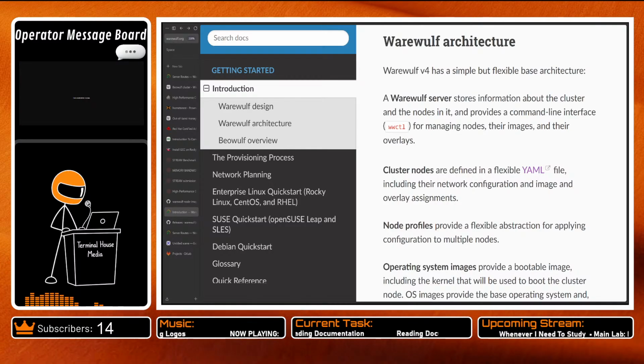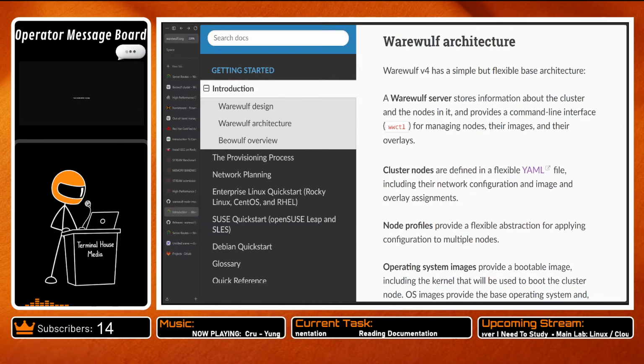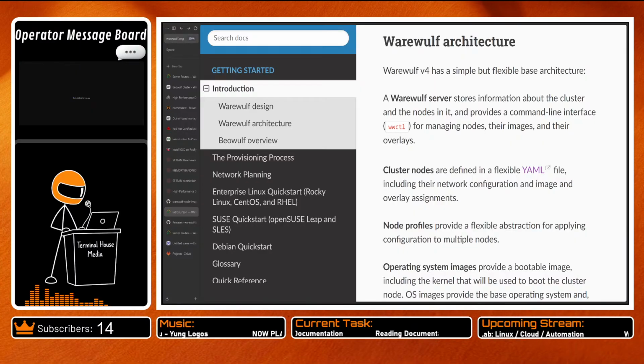Currently, what I'm doing right now is learning a lot about high performance compute. I'm learning about the architecture, how it's designed, learning about provisioning, obviously with Warewulf.